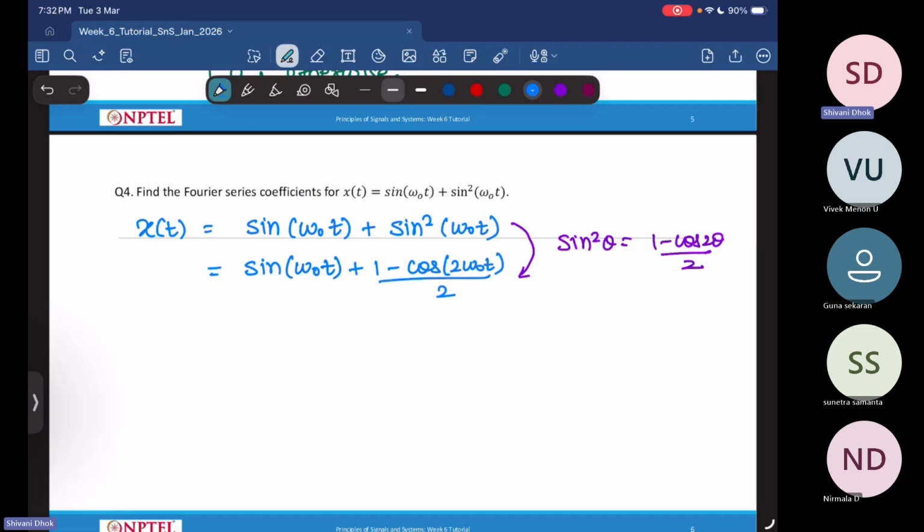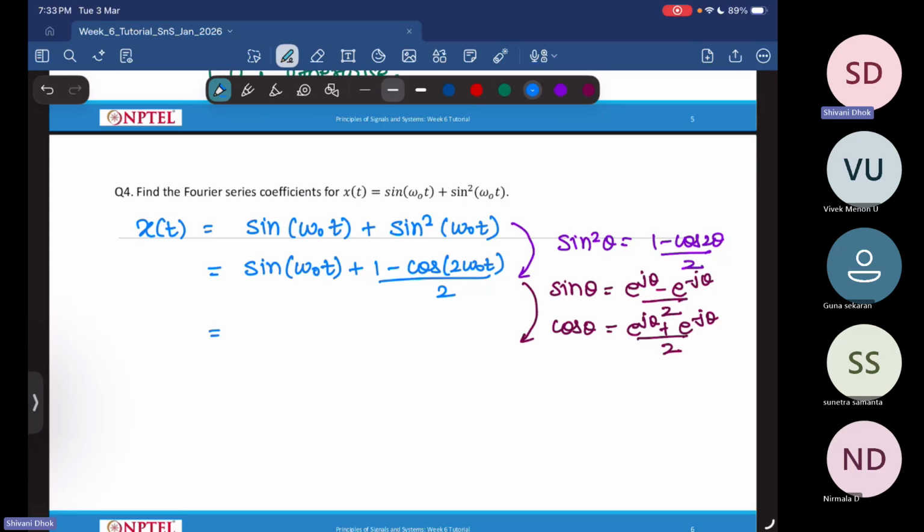And after this, we will make use of sine theta is equal to e power j theta minus e power minus j theta by 2, and cos theta is equal to e power j theta plus e power minus j theta by 2.